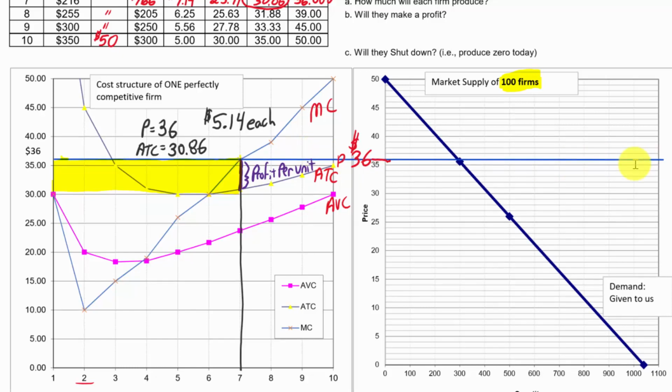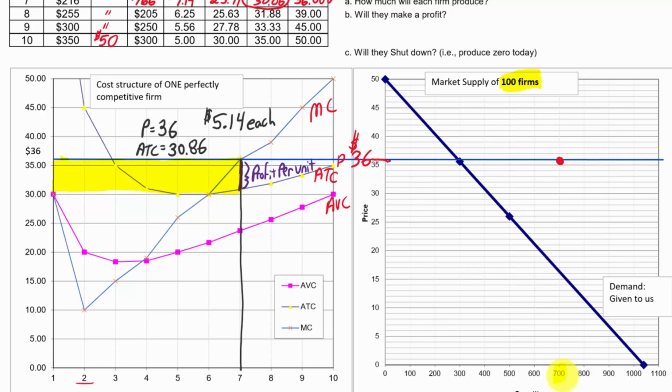If each of 100 firms are each producing 7 units, 7 units times 100 little firms, altogether, these people have to be producing 700 units. So if we follow this $36 line over here, and we go down and find 700 units being produced, 7 each times 100 firms, then we'd mark this point right over here. Must be 1 point on the market supply curve.